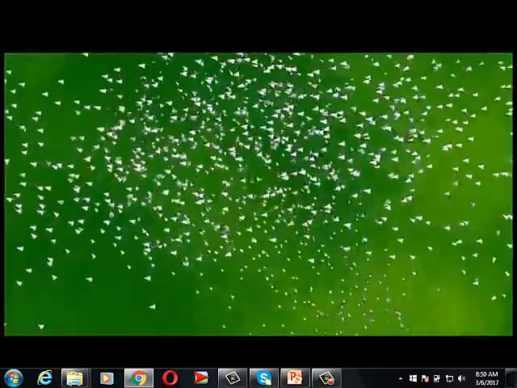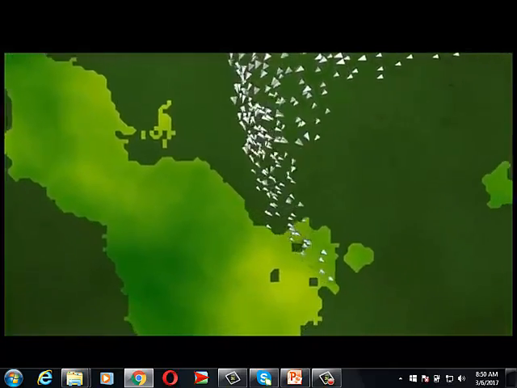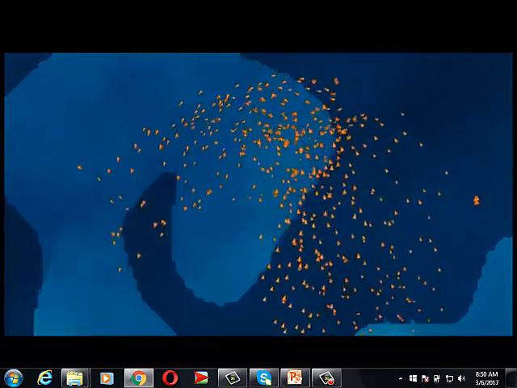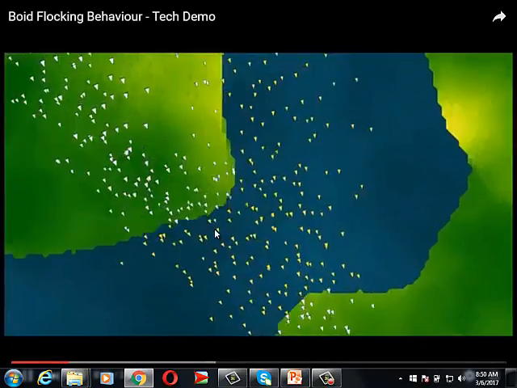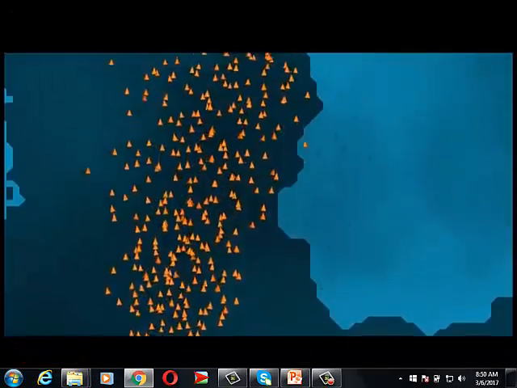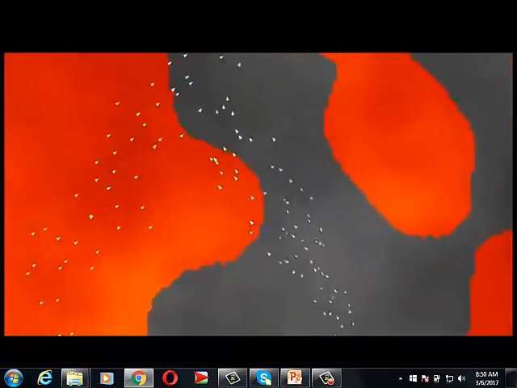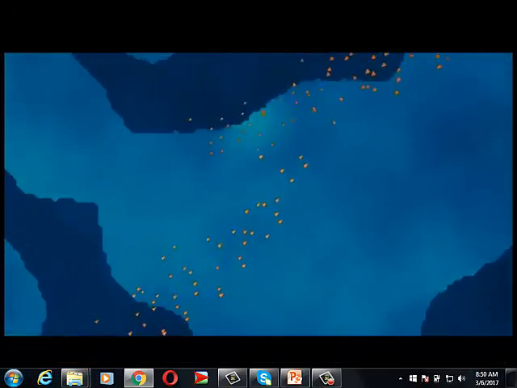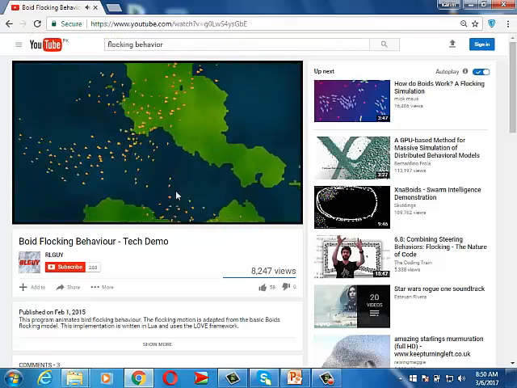This is not the one that I have. This is a 3D simulation. Alright. So, I think basically this is a computer generated model which is based on very simple rules of behavior.